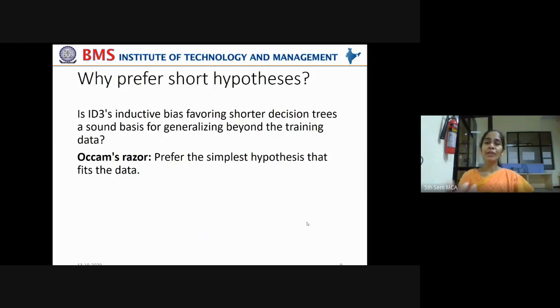But if you take some 100 short hypotheses, compared to 1,000 long hypotheses, and all of these fit very well with the training examples, there is less likely a chance of coincidence that short hypotheses fit the problem.